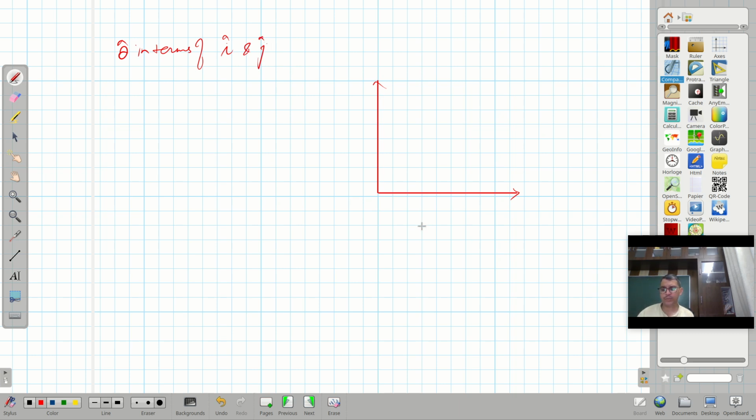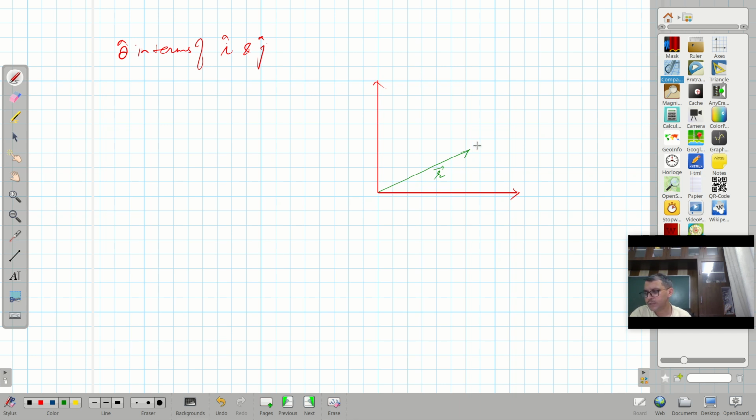So what should I do here? Say at any time the particle will be at this position, and it is represented by the r vector.